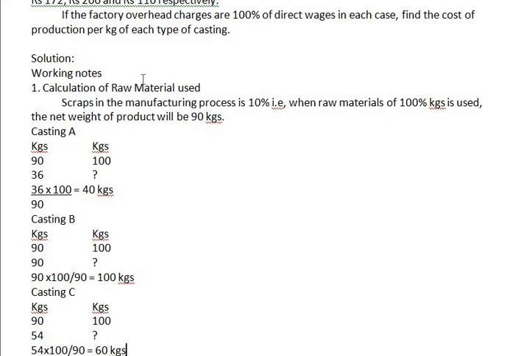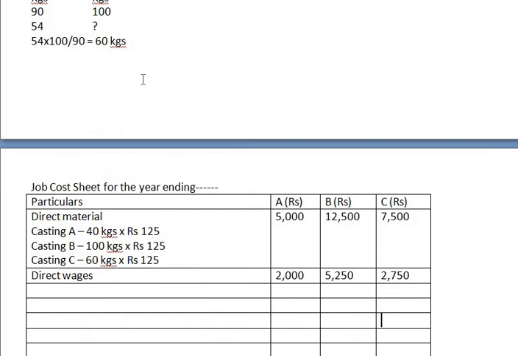So we treat this as direct expenses. Direct expenses, in bracket you can write cost of malts.